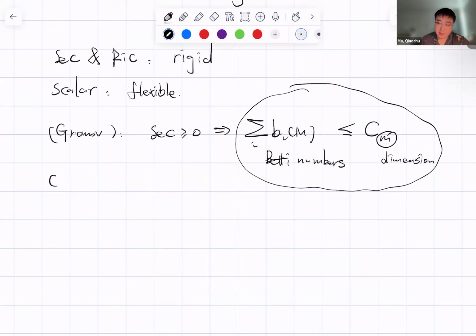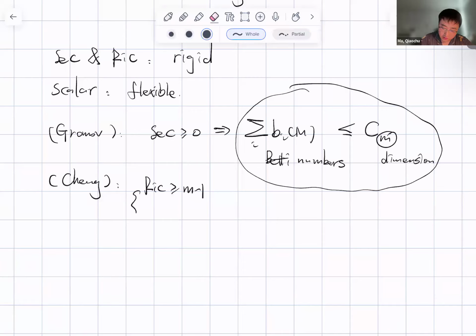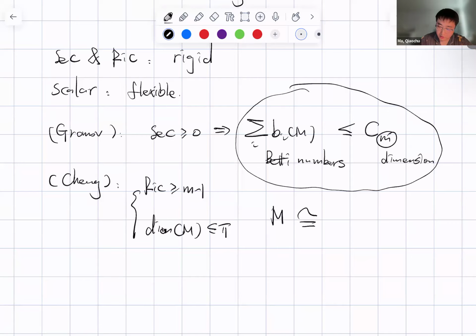Or let's see an example from Ricci curvature, also a classical result by Shen and Yuan. If the Ricci curvature has a lower bound and the manifold has diameter less than or equal to pi, then this manifold M is isometric to the standard m-dimensional sphere.